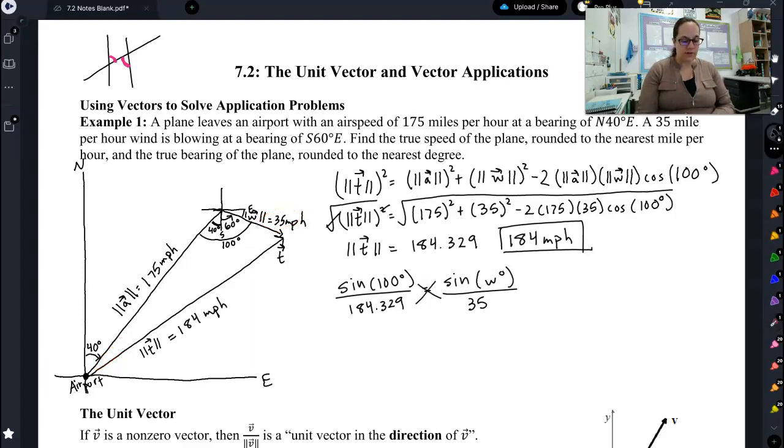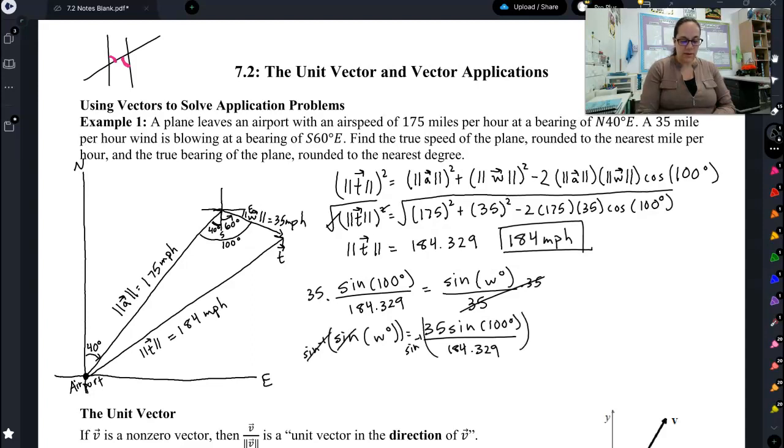And let's just solve this with law of sines however you want to. I think it's easiest to just multiply both sides by 35. So you get sine of the angle across from wind equals 35 sine of 100 over 184.329. And take the inverse sine of both sides. We can type all of that into our calculator to get 10.777 degrees.